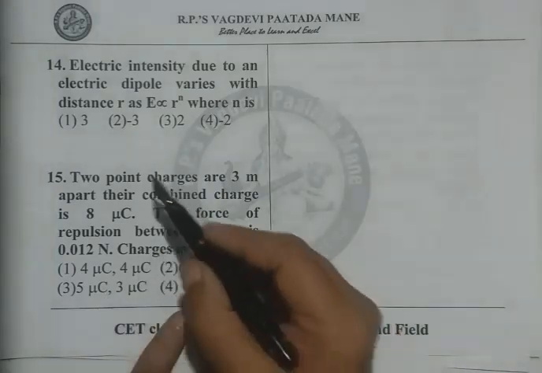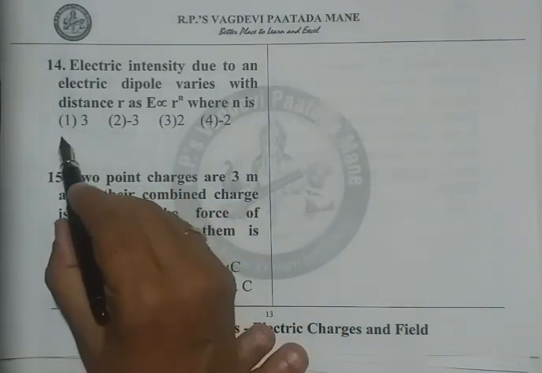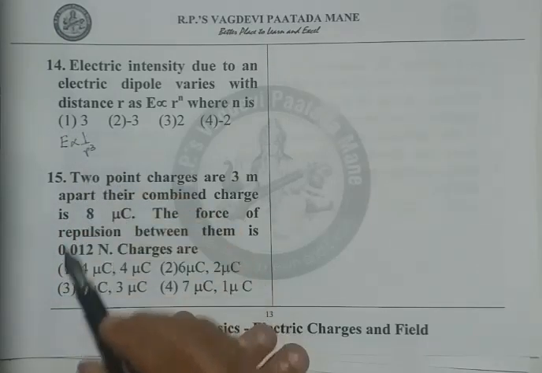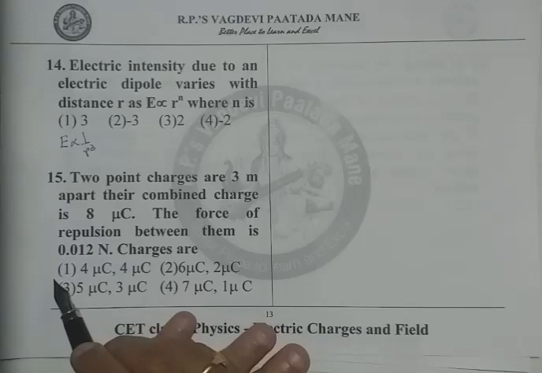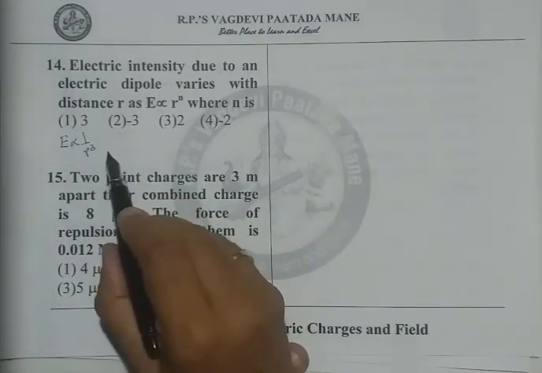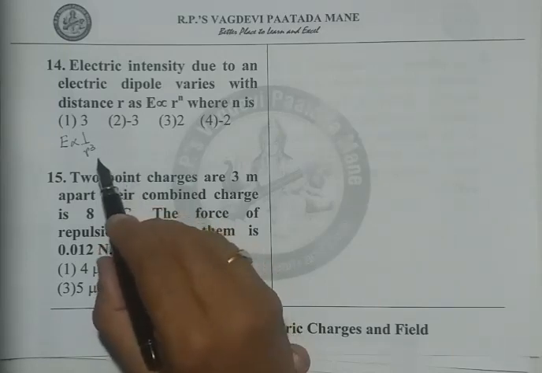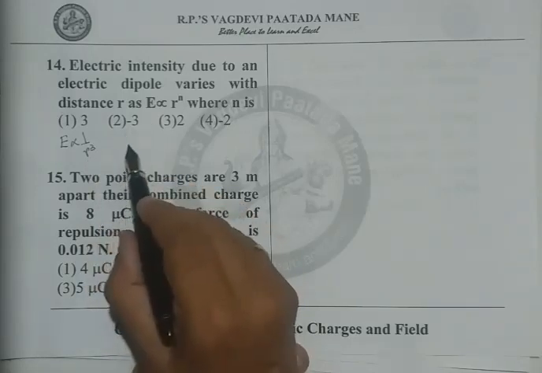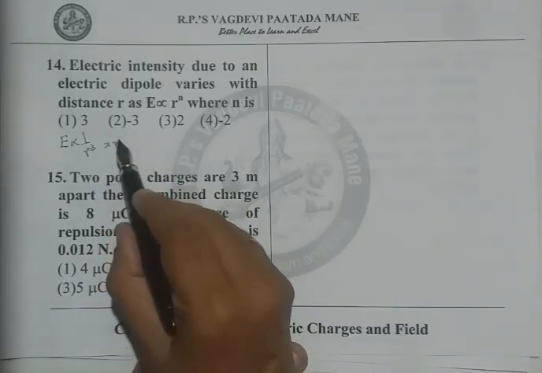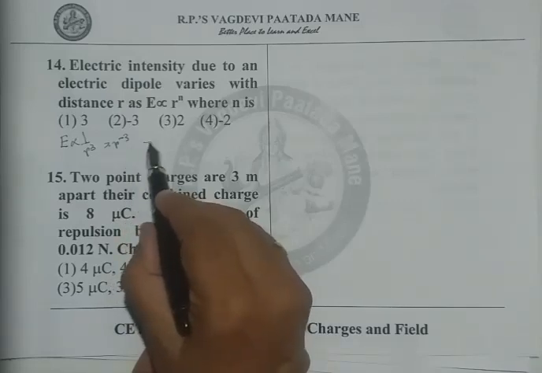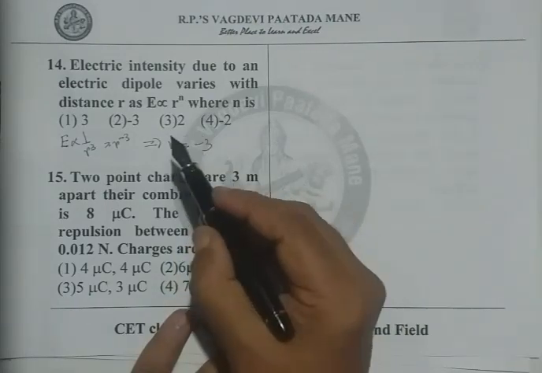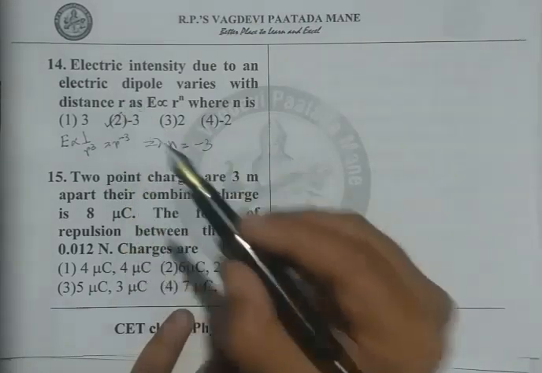You all know for the electric dipole, the field is always inversely proportional to the cube of its distance from the dipole, either on the end-on portion or on the broadside-on portion, that is, on the axial line or on the broadside equatorial line. Now, from the given formula, this can be written as R to the power of minus 3, which implies N is equal to minus 3. Therefore, option 2 is correct.